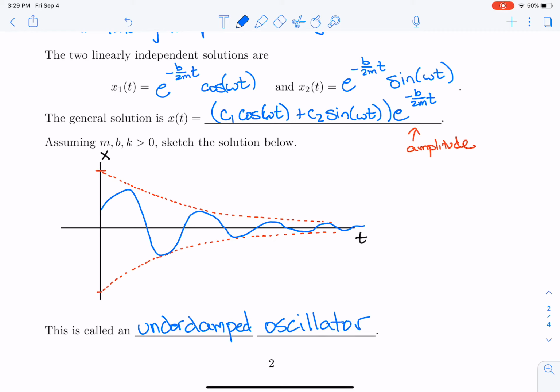What's happening here is that the friction is not very large. And so our mass, if we were to pull on that mass and then release it, we would see the mass oscillate back and forth. And then the friction coefficient would take over and the oscillation would decay in amplitude over time until we get to 0.